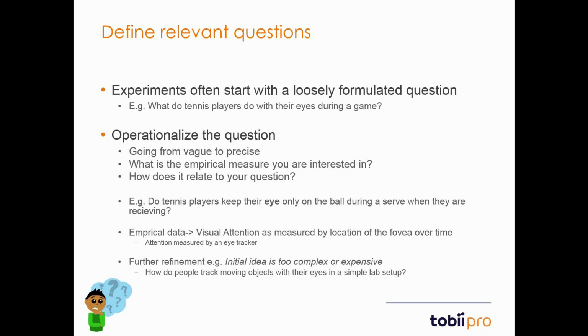And oftentimes along the way you might realize that certain ideas are too complex or expensive or just unfeasible if you haven't done prior research on that particular topic before. So for instance, with this setup, maybe it's not actually realistic for you to bring in tennis players or to go track tennis players and see what they do. Maybe you just really want to know how do people track moving objects with their eyes, and you could do that in a simple lab setup that doesn't actually require getting tennis players and all these other things that might be required.